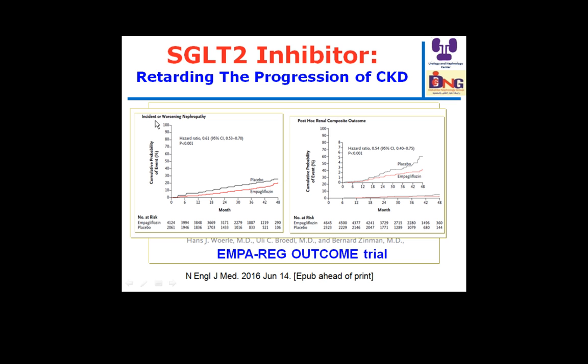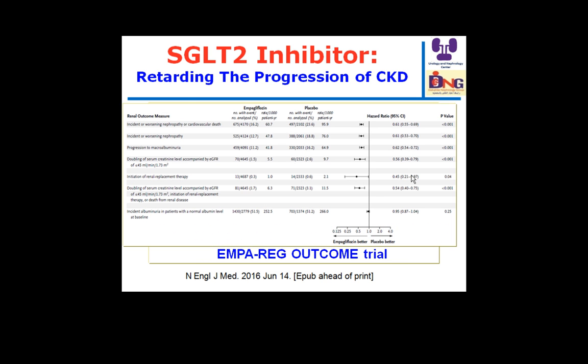Incident or worsening nephropathy is significantly reduced with the use of empagliflozin, and the composite outcome is reduced significantly. So incident or worsening nephropathy or cardiovascular death is reduced significantly with the use of EMPA.